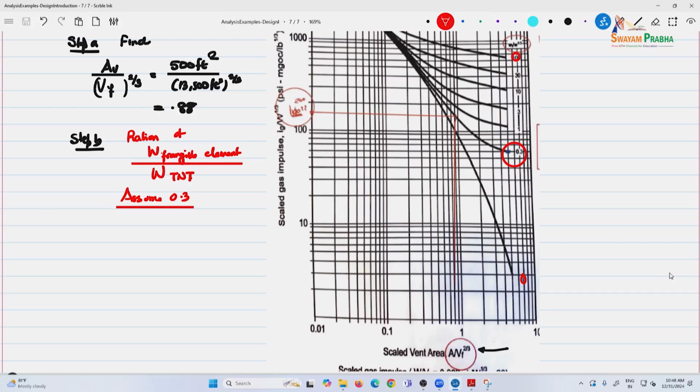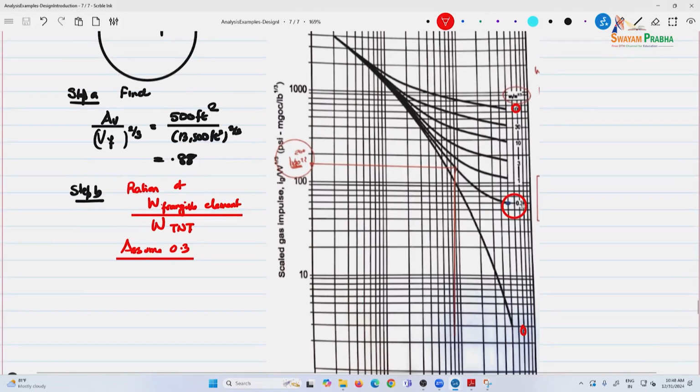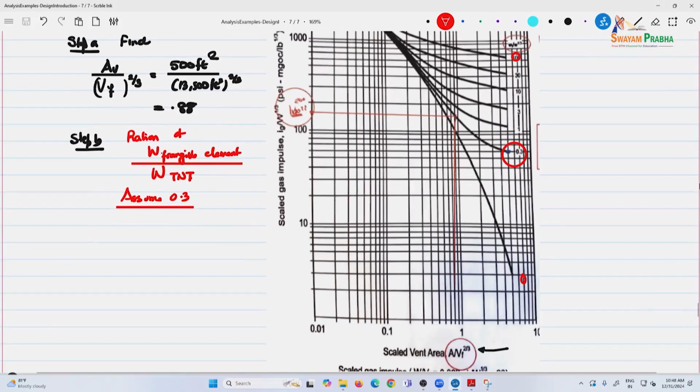Basically you could take the weight of the window compared to the weight of TNT, that is also a reasonable assumption. So now use 0.3 and the number is 0.88, so let us say somewhere here, or 0.9, and 0.3, the number comes to about 100 or roughly 200. So it's right down the middle. Let's say 150 psi milliseconds.